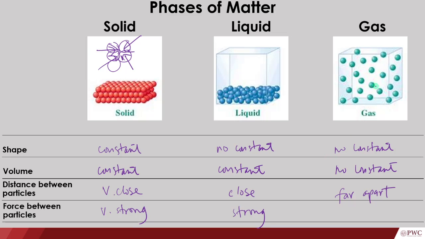And then for gases, they are far apart, so obviously the forces between the particles of gases are very weak. So these are the particle models of solids, liquids, and gases.